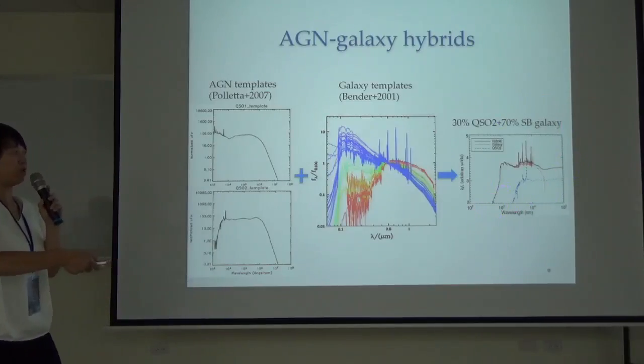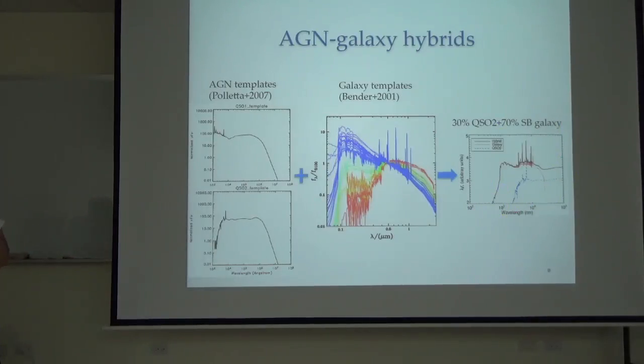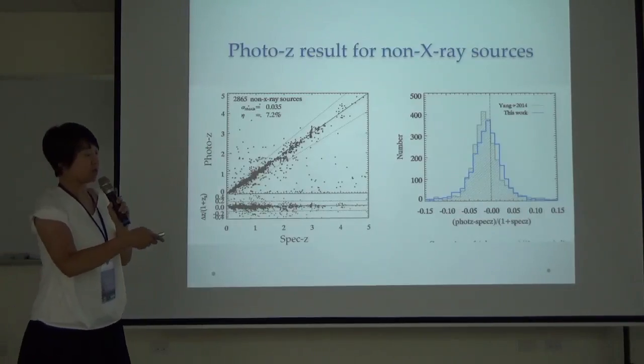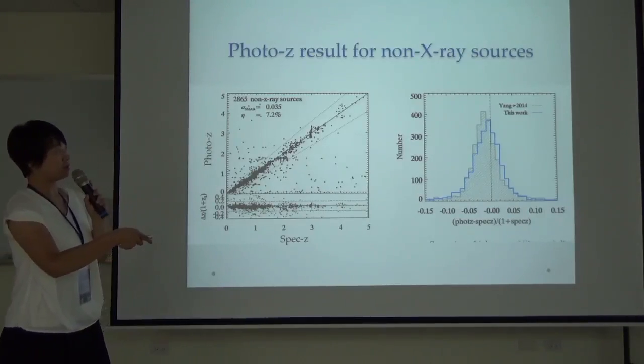This is an example of computing the photo-z for the X-ray sources, and this is the result. This is for the non-X-ray sources, which are the normal galaxies, and we have a quality like this. The scatter is 0.035, and we have 7.2% outliers.